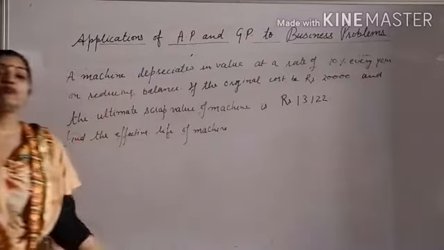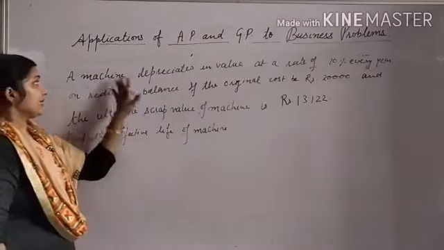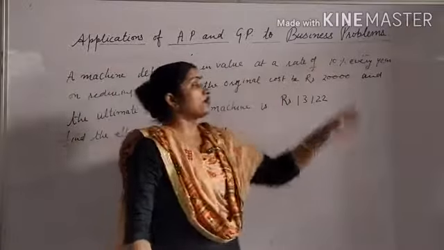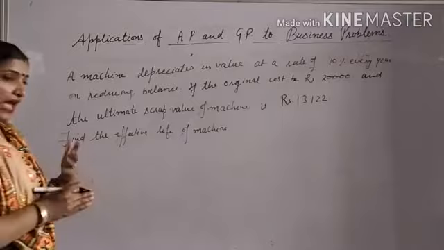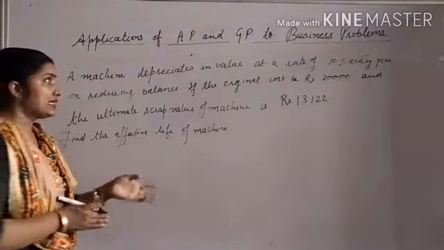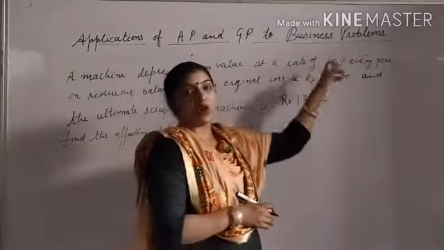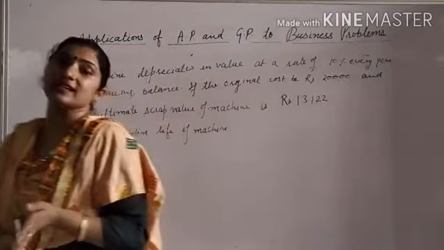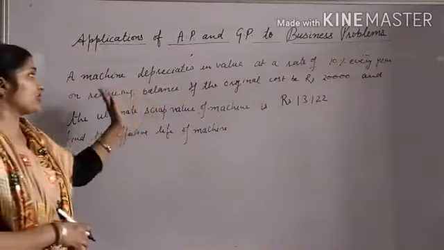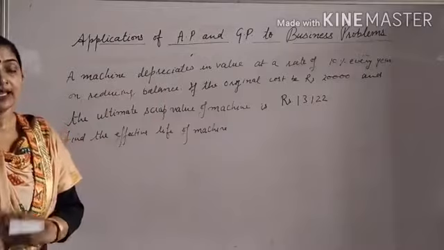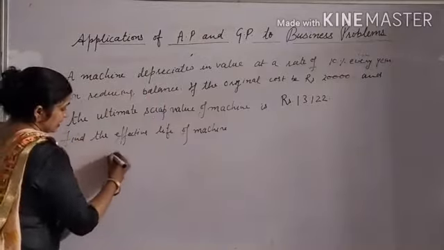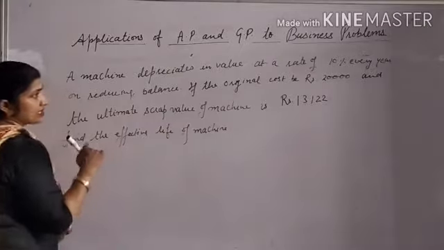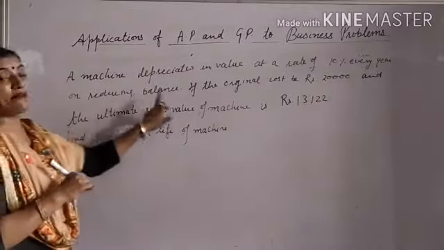See, what are you given? A machine depreciates in value at a rate of 10%, meaning every year it depreciates by 10%. That means the rate of depreciation is 10% of the reducing balance.